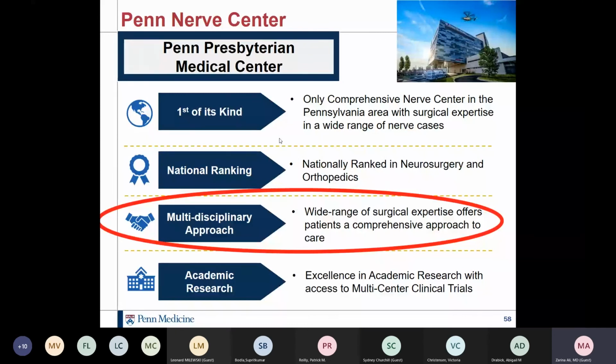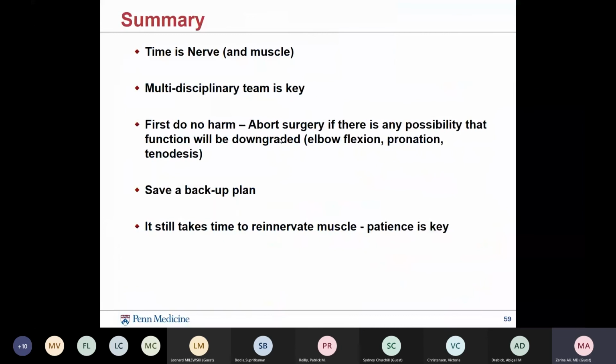And then as I highlighted, it's not just what happens in the operating room. There are elements of post-operative care that are provided by our physical therapists and physiatrists, who are seeing these patients both pre-op and post-op in order to maximize their post-operative function.